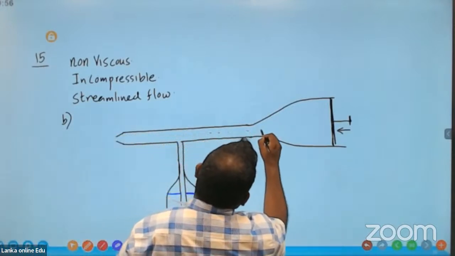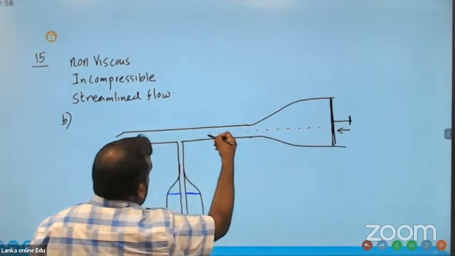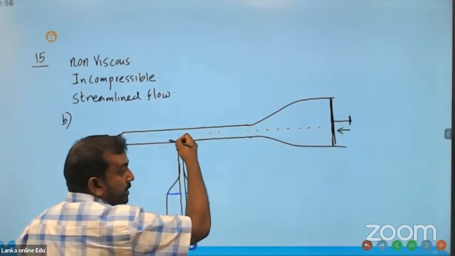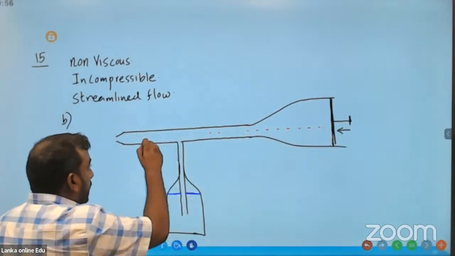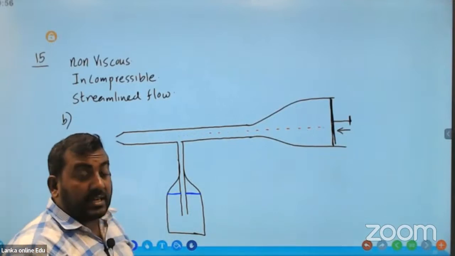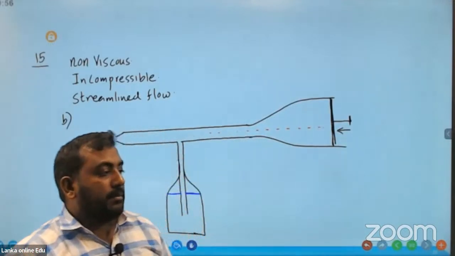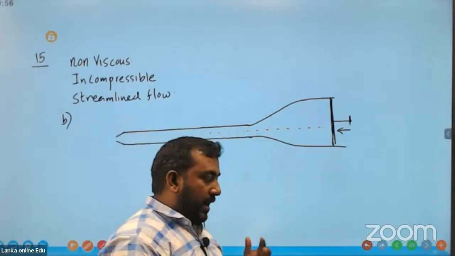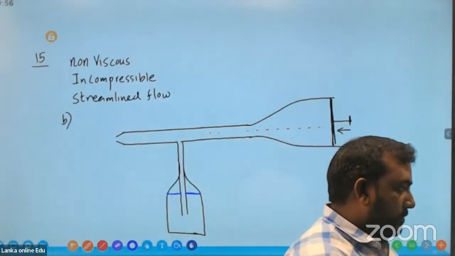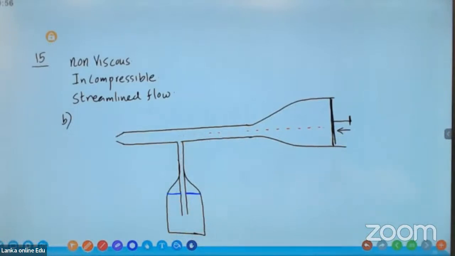Diameters are given. I hope you remember only up to the point where air is coming, you can apply Bernoulli. After this, you can't apply because it's turbulent flow. Somebody tell me in the chat, why do we call it turbulent flow?